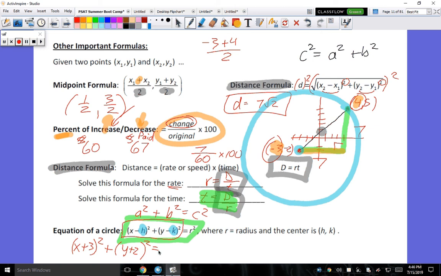Or the distance formula? Remember we saw for the distance formula? 7 root 2. So if I square 7 root 2, what would that equal? 49 times 2, right? Because you apply it to both, and you get 98.